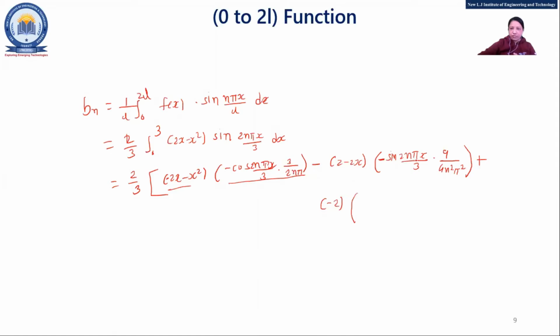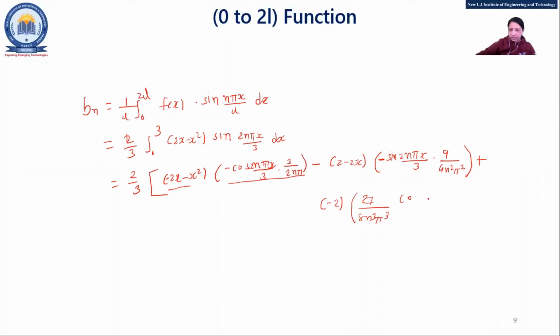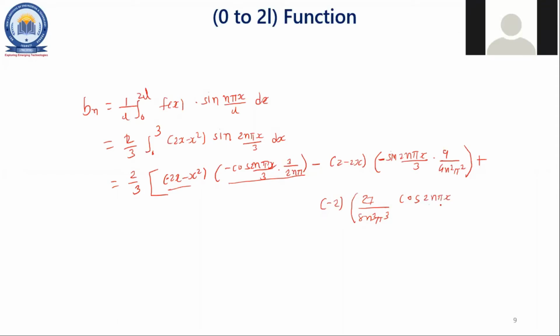Because see, sine of 2 pi x, if you are doing the integration of this, that is minus cos. Sorry, cos only, right? Minus cos, so that becomes plus. Fine. So 27 divided by 8 n cube pi cube, cos of 2n pi x by 3.